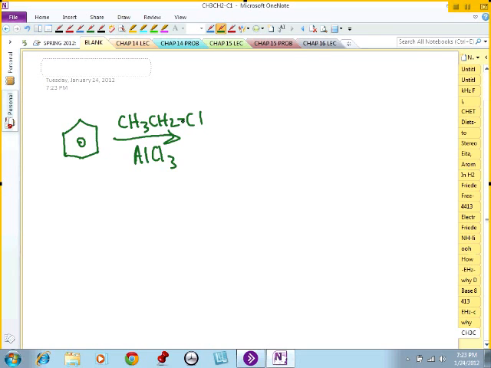What will be the product? Ethylbenzene. This is what we call Friedel-Crafts alkylation. Remember the Friedel-Crafts reaction. So now we get this.